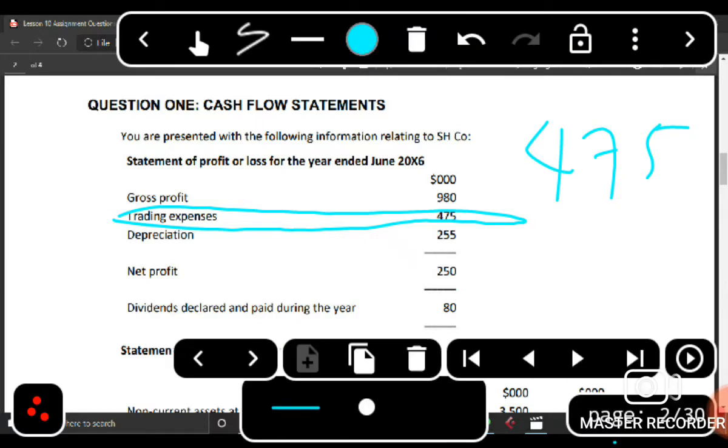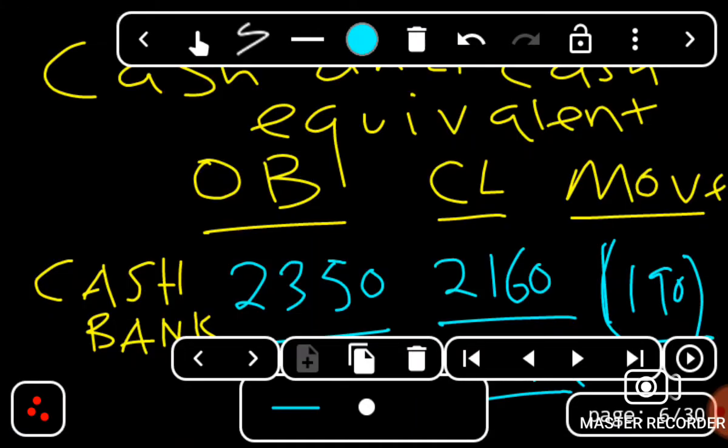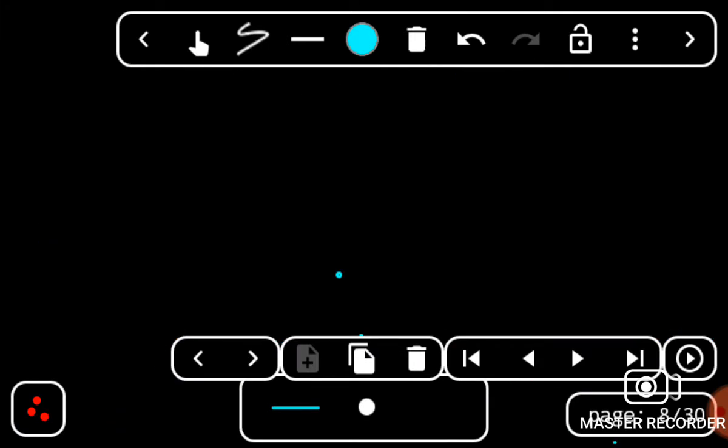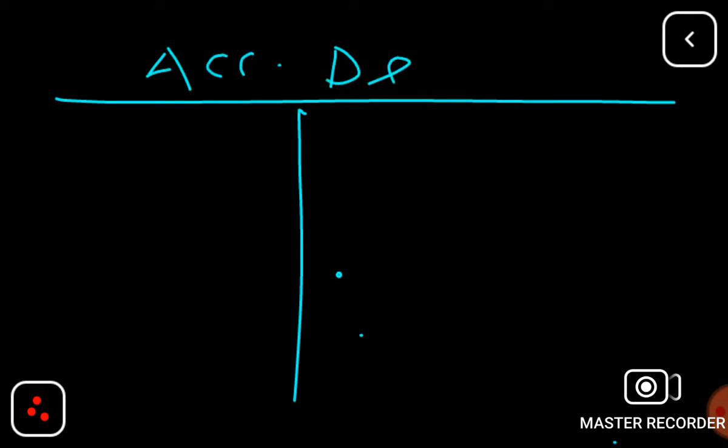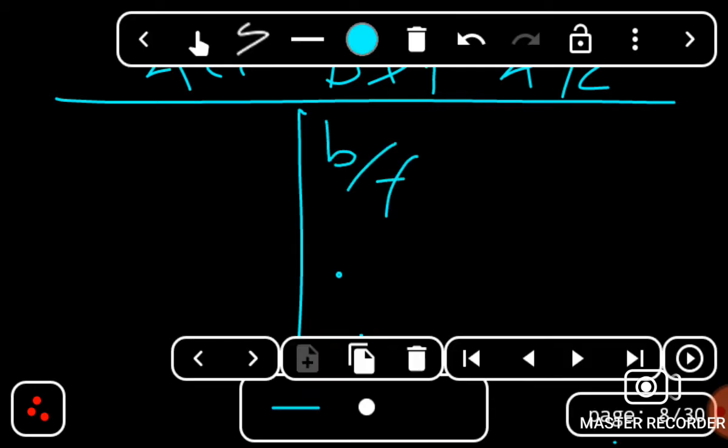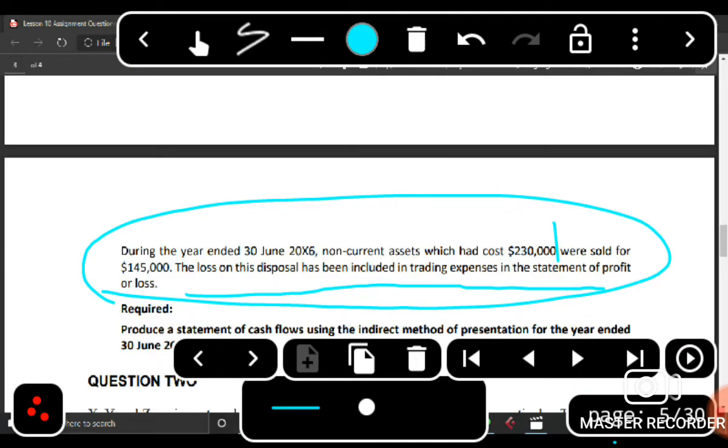How are we going to calculate the loss on disposal? We have to make an accumulated depreciation account. So this account has a credit balance. What are you going to put there? You have to check in your question again.